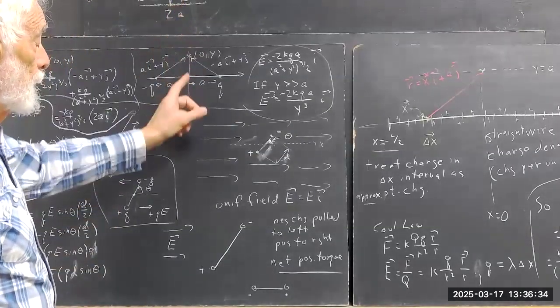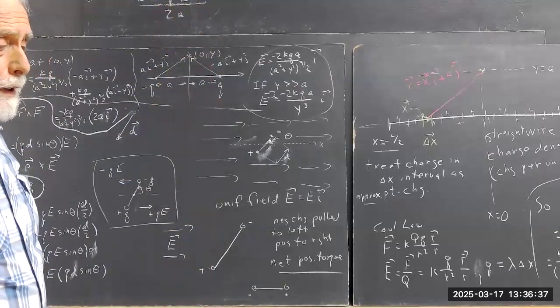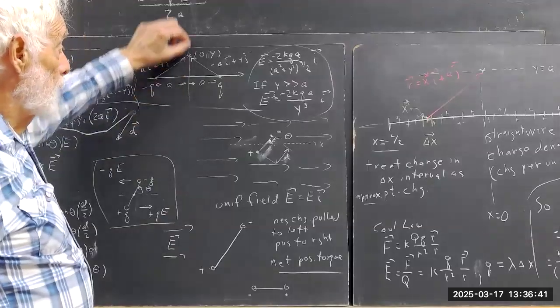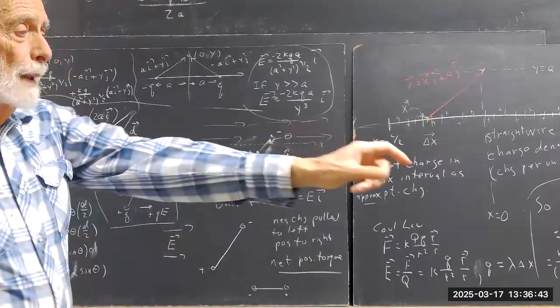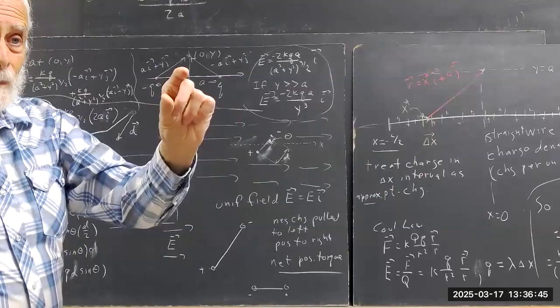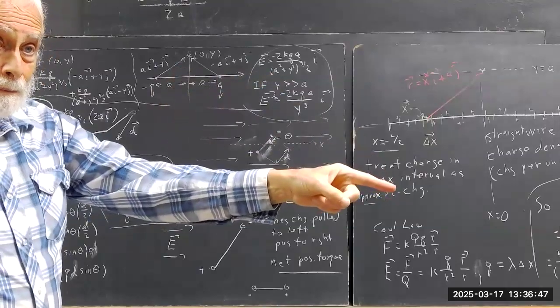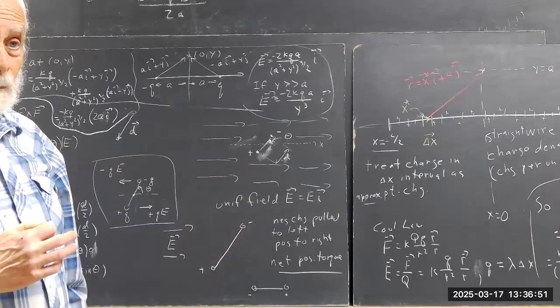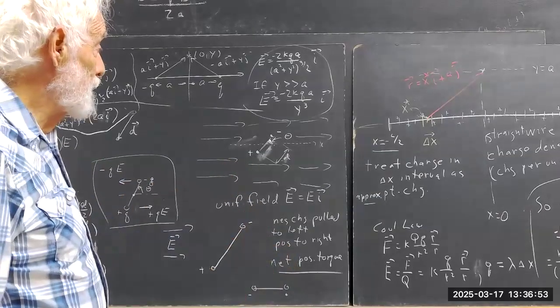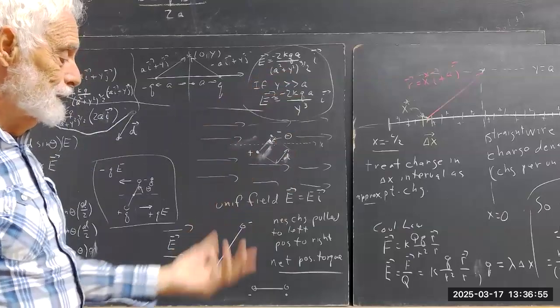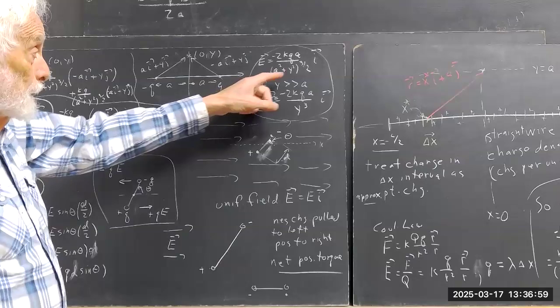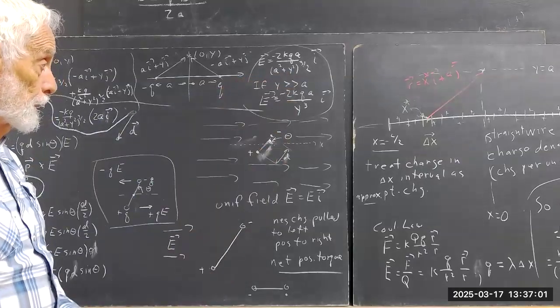In this direction, the dipole, the force, if the dipole's this big and it's over there, then we're going to be seeing an inverse cube force. We get close and it's still not an inverse square force, but the A becomes important and the Y becomes less important.